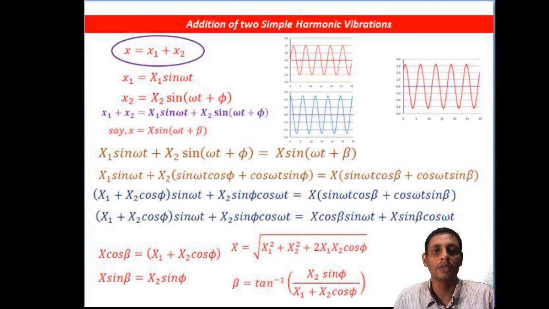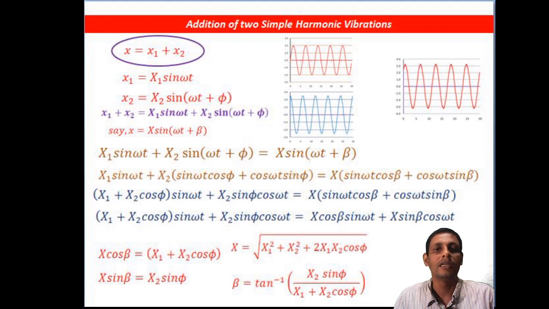So just look, the summation can be represented by x at any instant. The displacement we are representing by small x. That small x equals capital X sin(omega t plus beta). This is the representation of the summation. We just assume this is the representation.